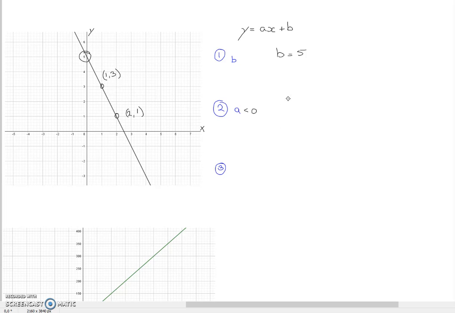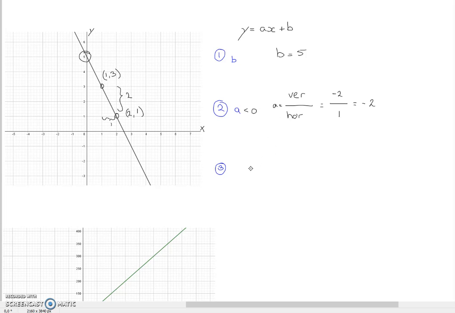Then the vertical difference between those 2 points is 2, and the horizontal difference between those 2 points is 1. Now, since the line goes down, the vertical distance is actually negative 2. So mind the minus over here. And then to figure out the value for a, we have to divide vertical by horizontal, or negative 2 divided by 1. So the gradient is simply negative 2.